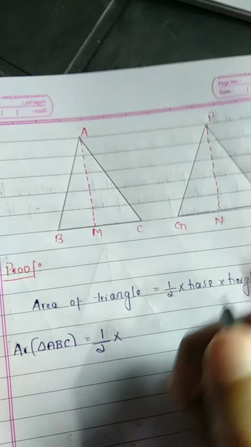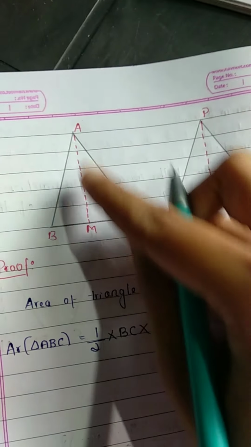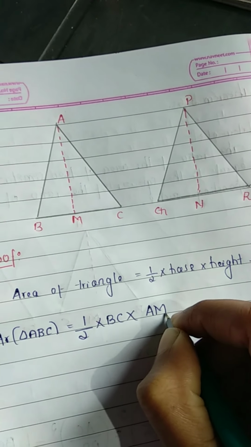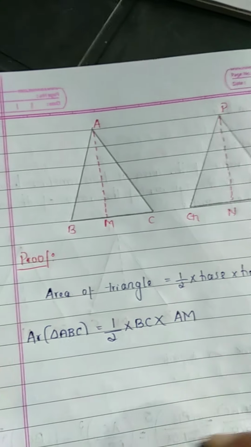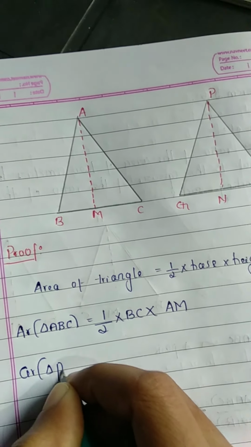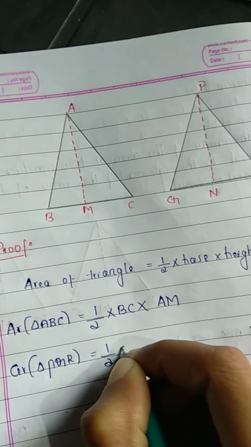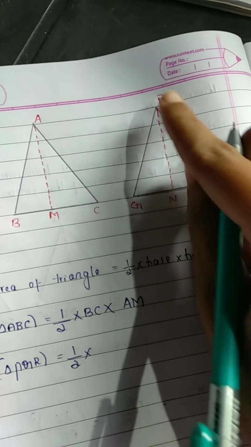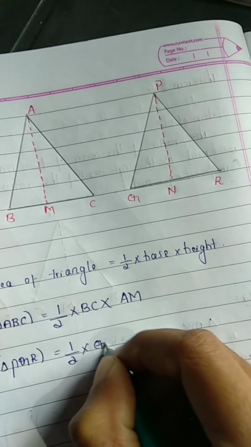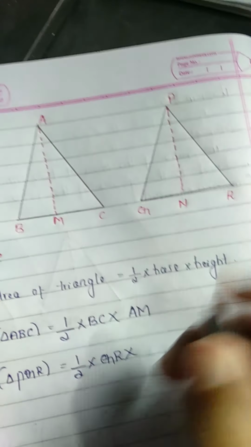The base is BC, and the height is AM. Again, in the area of triangle PQR, half into base: in triangle PQR the base is QR and the height is PN.